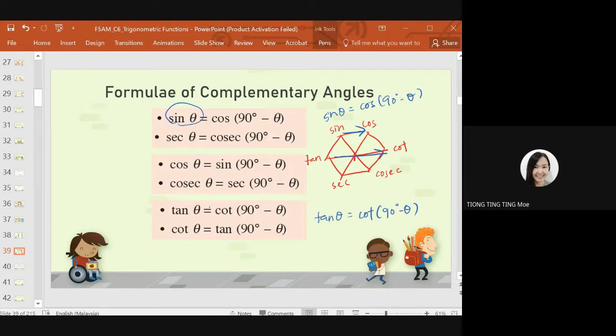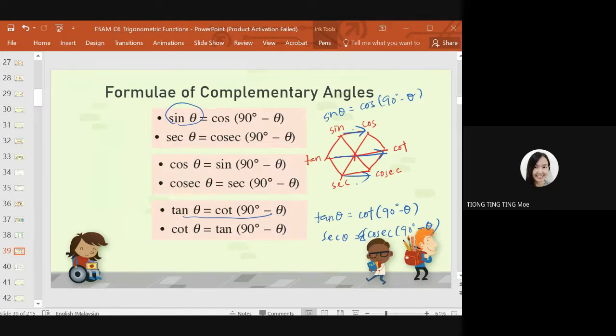Then this one, secant equals cosec 90 minus theta. And the same thing, you can go the other way also: cosec, secant; cos, sin. Going to the left hand side, if they are on the same line, then we can say that they are the complementary. Can you remember this one?